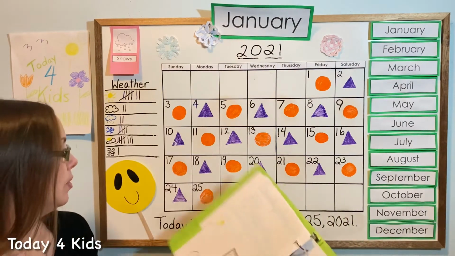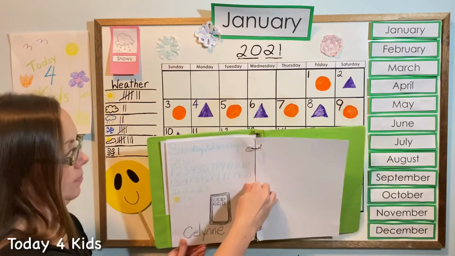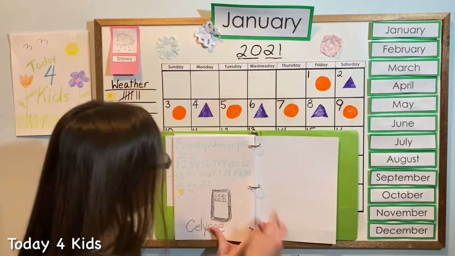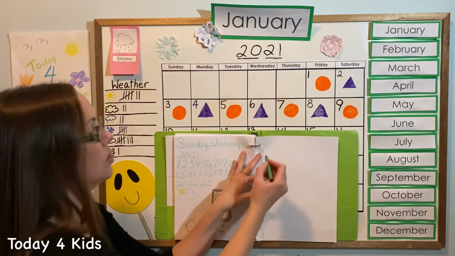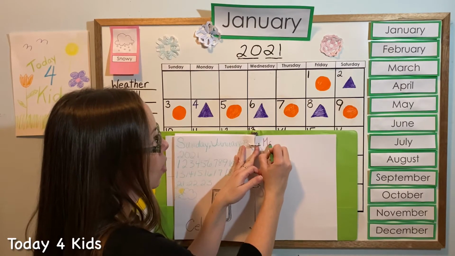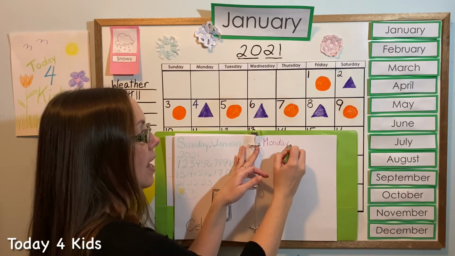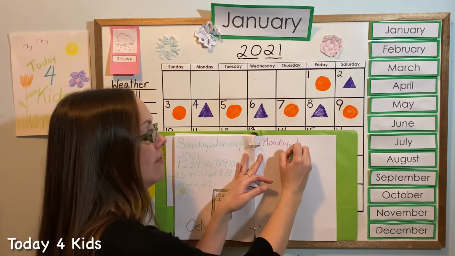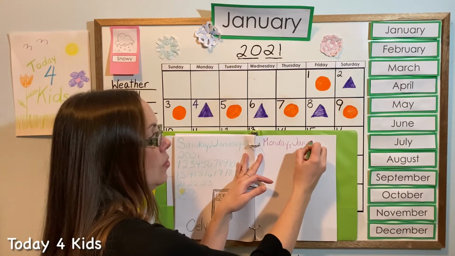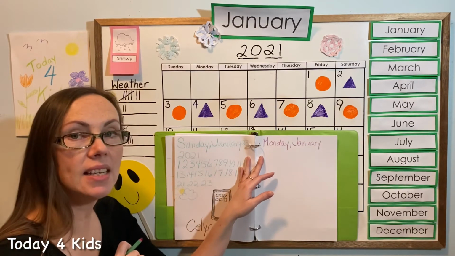So now we're going to put our day into our agenda. And I'll pick up a crayon here, and it is Monday, so we're going to put a capital M, O, N, D, A, Y, comma, capital J for January, because it's the name of our month, A, N, U, A, R, Y. And do you remember what day I said it was today?